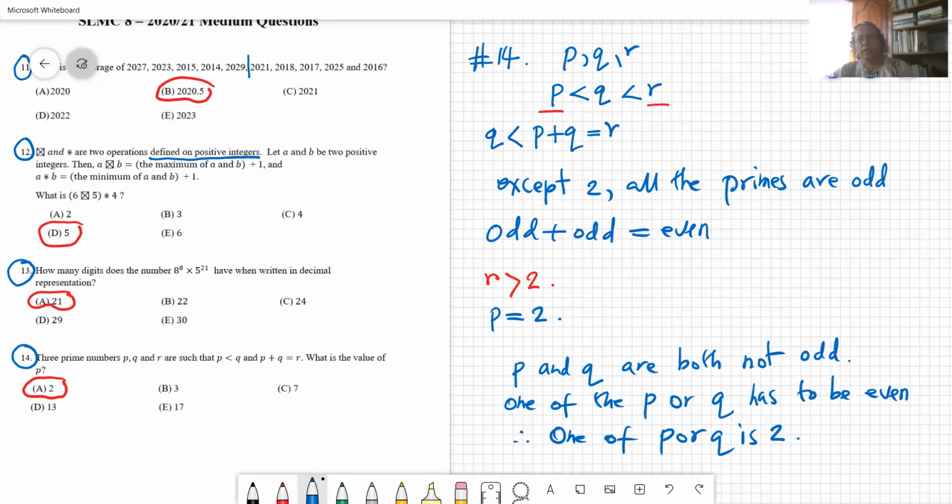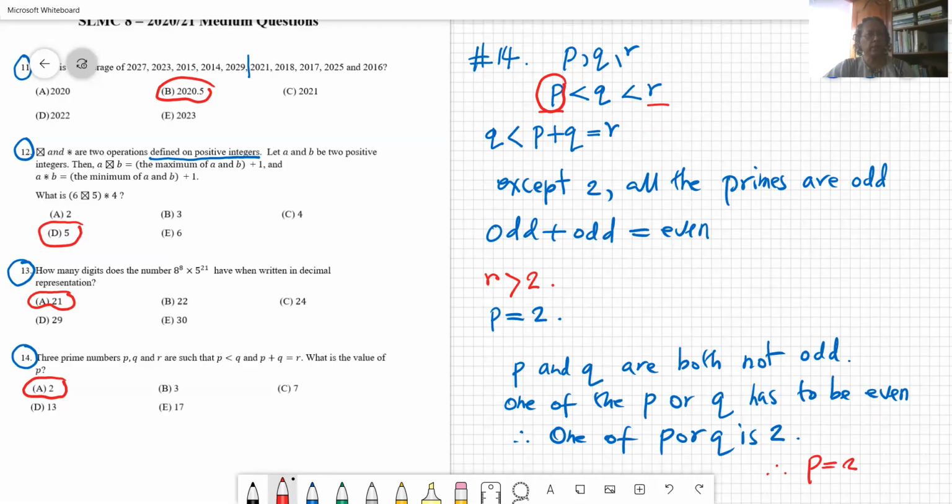And since 2 is the only even prime, one of P or Q has to be 2, and it has to be the smaller one, because Q is bigger than P. So Q can't be equal to 2, because there has to be a prime less than Q, and 2 is the smallest prime. So therefore, P is equal to 2.